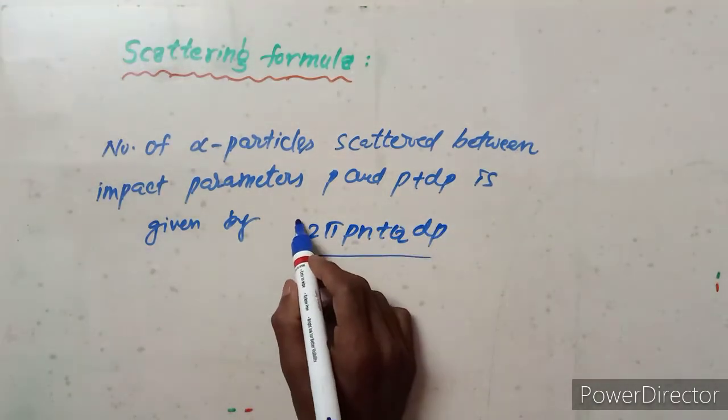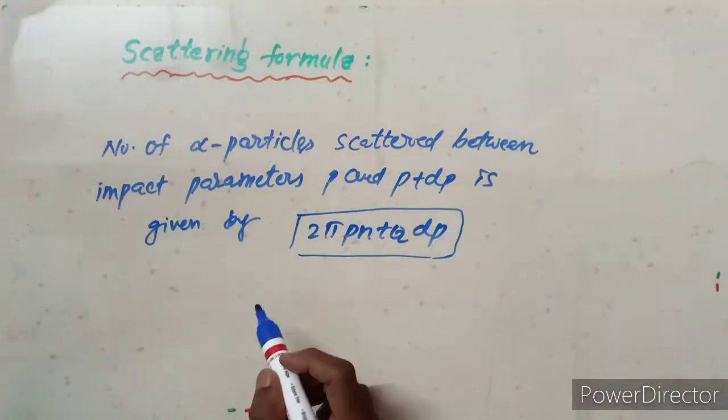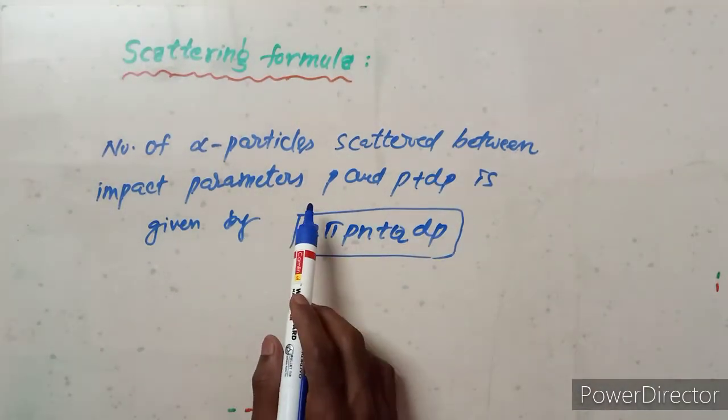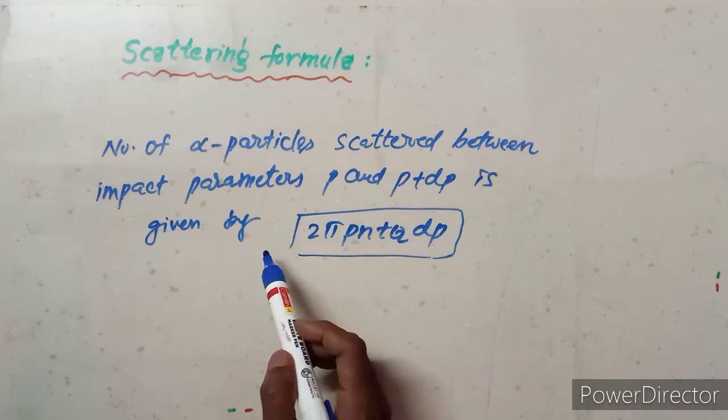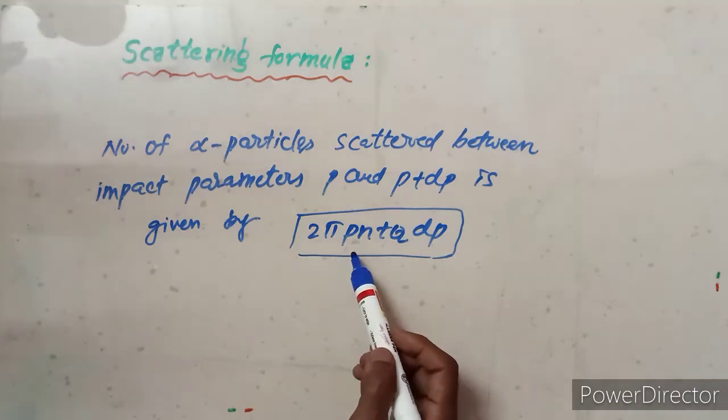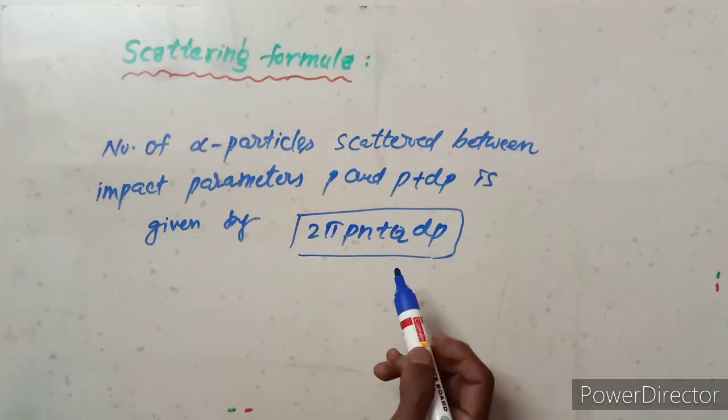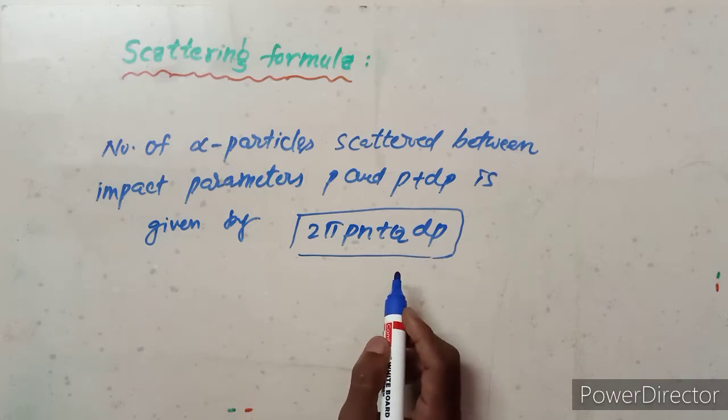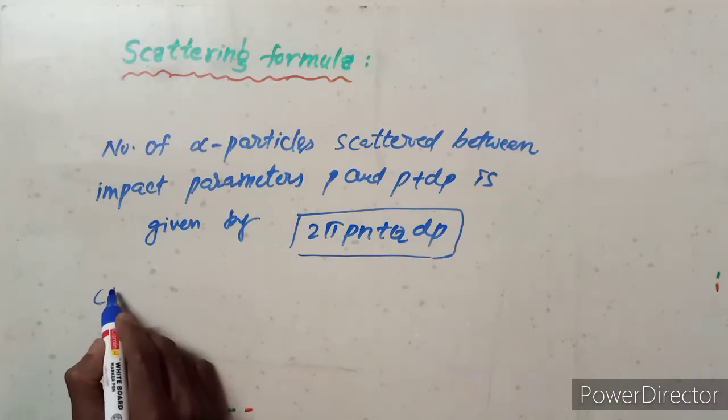This is the number of alpha particles scattered between impact parameters P and P plus dP, 2 pi P NTQ dP.